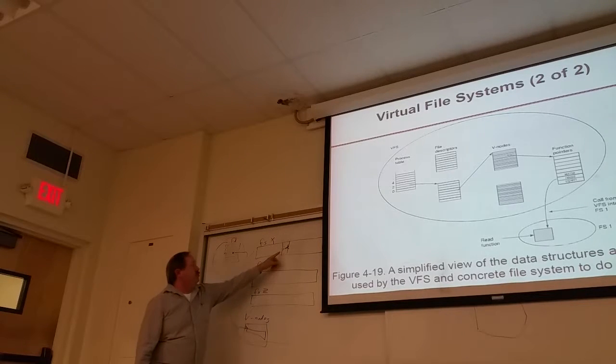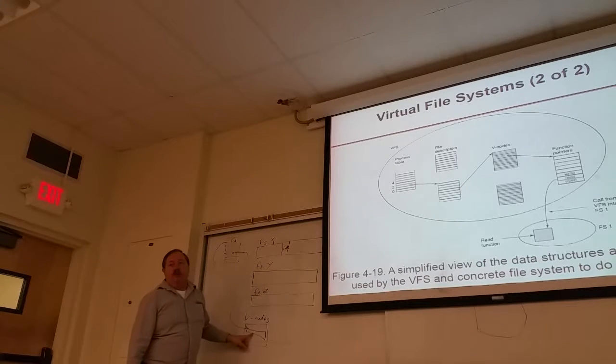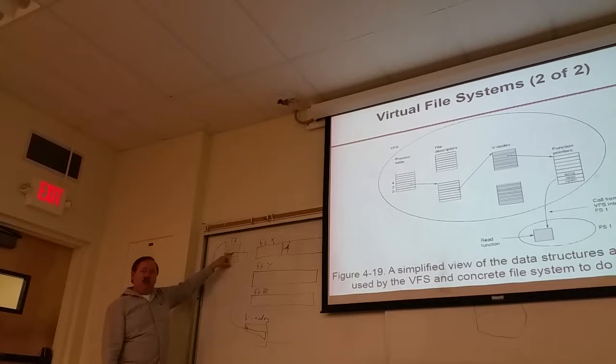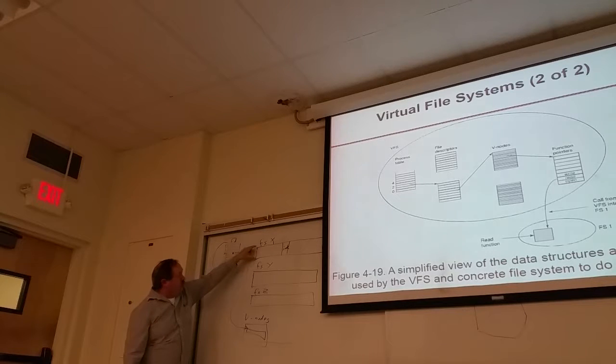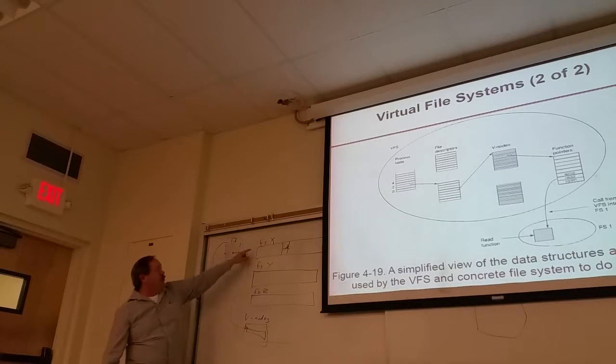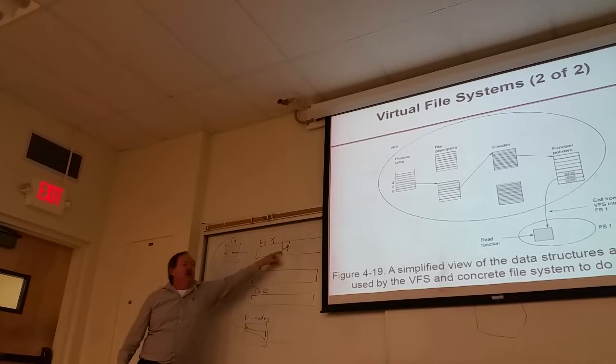So I have my individual pointers to all my inodes, the addresses of each of my inodes by file system, in my vnode address. So in my file descriptor table, when I go to do an open, instead of going to a specific file system directly, it goes to the vnode table, and it's a pointer into this table, which then has a pointer to which file system and its inode.